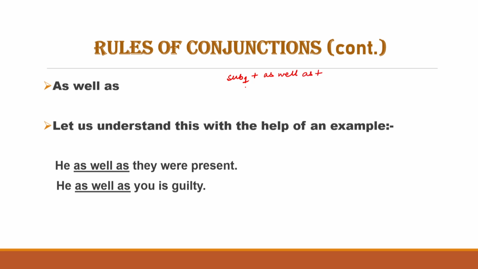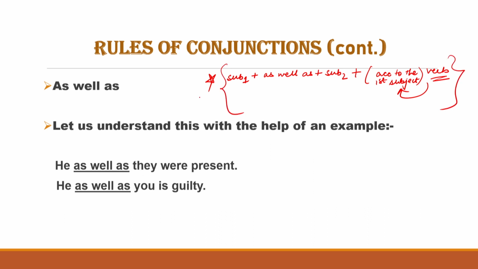So supposingly there's subject 1, it is joined with as well as with subject 2, then the verb will be according to the first subject. So this is important, keep this in mind. So when two subjects are joined by as well as, the verb agrees with the first one. So this is important, learn this.